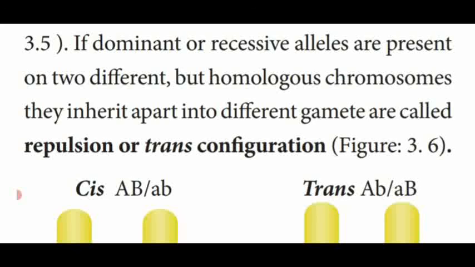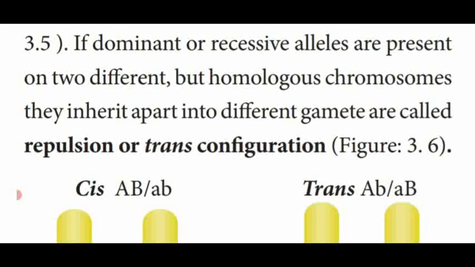the alleles of genes located in the same chromosome, they are closely located, means they have the tendency to inherit and they exhibit their character in the gametes in pairs. That is said to be coupling or cis configuration.